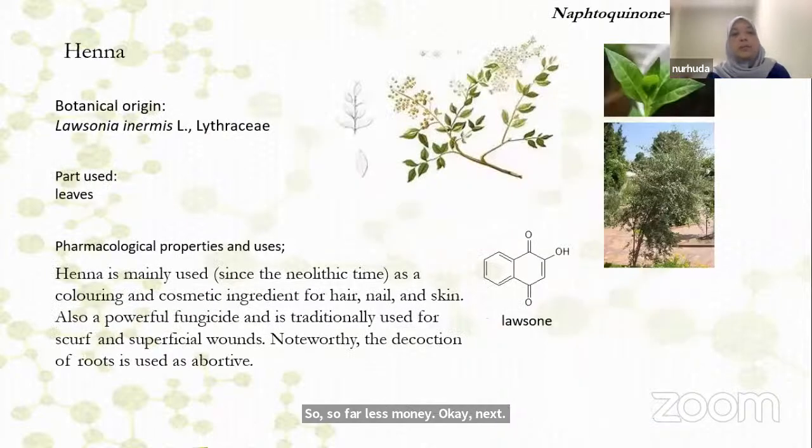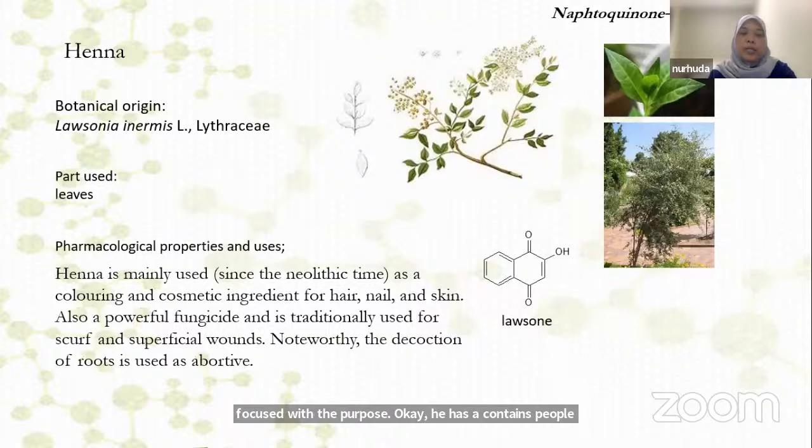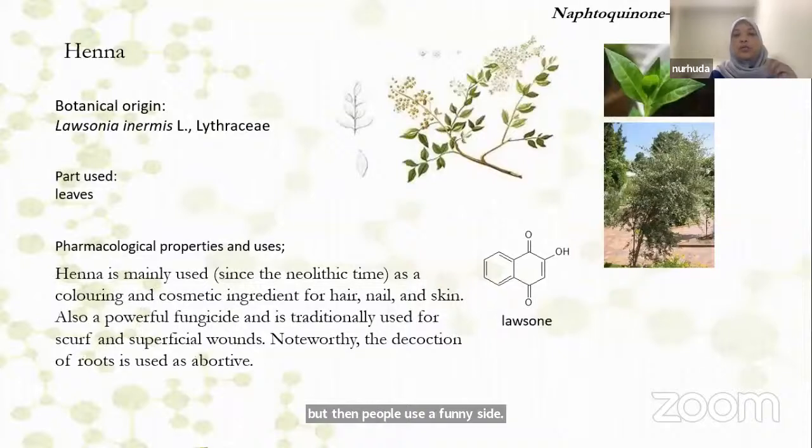Okay, next. All right, so henna, this is actually used traditionally for cosmetic purposes. It contains pigment that is used for hair, nails, and skin, and people also use it as a fungicide traditionally. You just crush the leaves and put them on the wound area, so it heals.